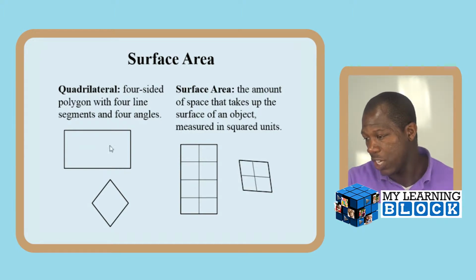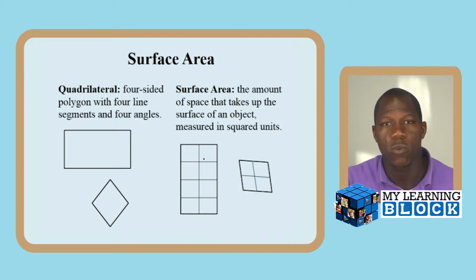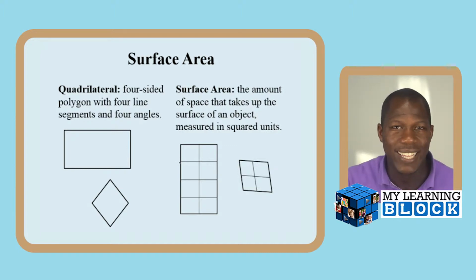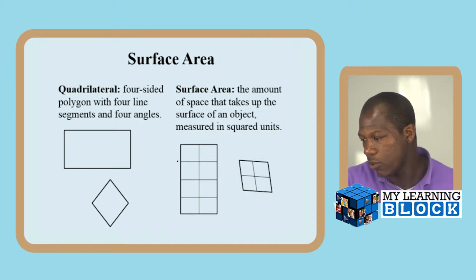If you look at the shape I have right here, let me get my pen. I have a rectangle and a rhombus, and both shapes have a number of squares within them, thus telling the surface area. In this one we have 1, 2, 3, 4, 5, 6, 7, 8. And in this one we have 1, 2, 3, 4.